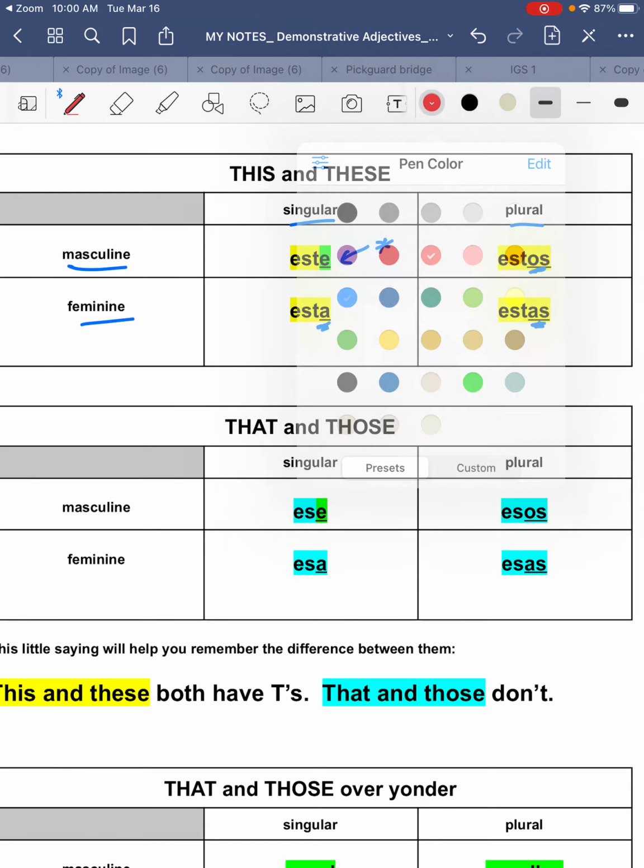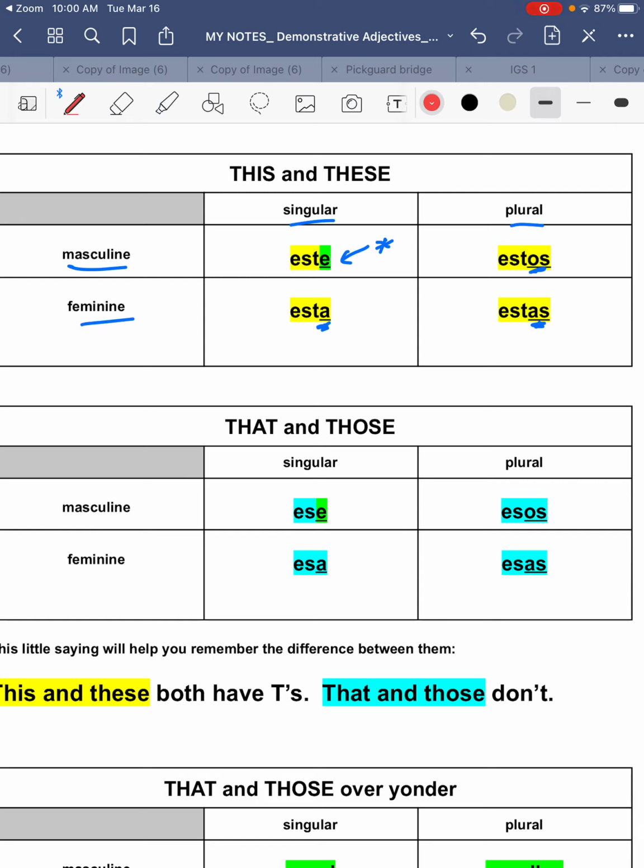We see the same thing is going to happen for our next zone, that and those. We've got singular and plural, masculine and feminine, and the masculine singular form is slightly irregular. The rest of the forms are totally logical and predictable. Ese hombre, esos carros, esa casa, esas montañas.